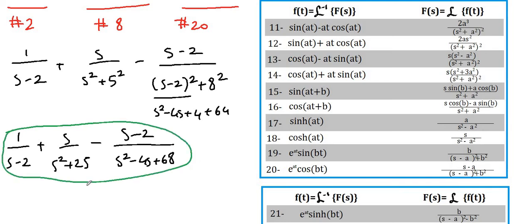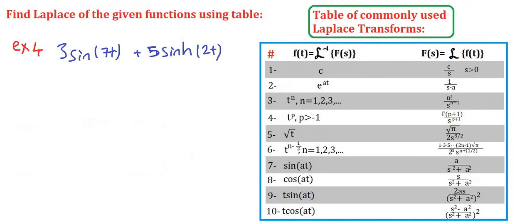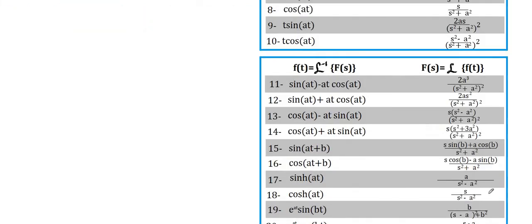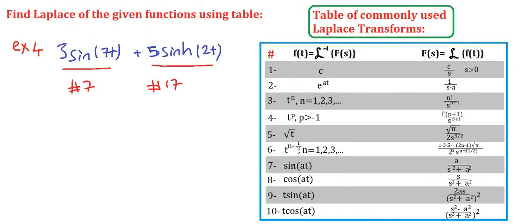Let's do another example. Here we have sine and sine hyperbolic sinh functions. Sine is as in number 7 in our table, and sinh will be as in number 17 in our table. Number 17 is a over s squared minus a squared. So we know that sine is a over s squared plus a squared.